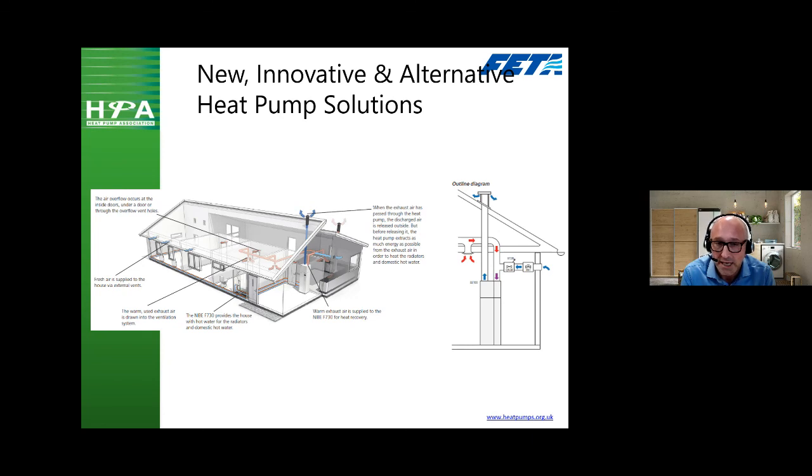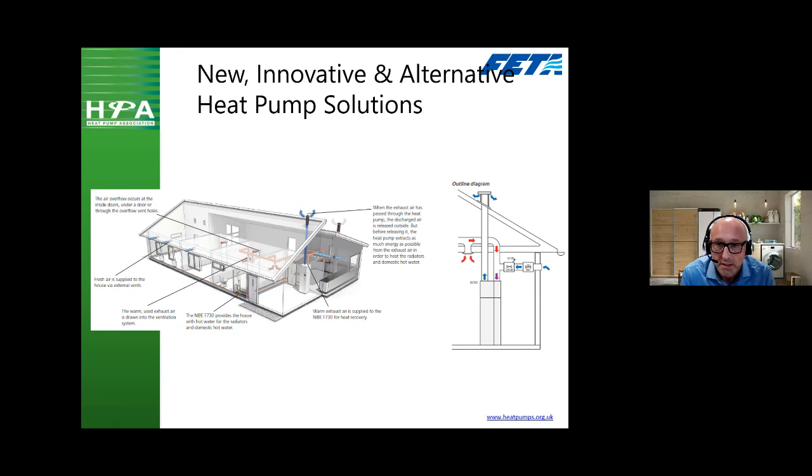So you're ventilating the necessary rooms, your kitchen, your bathroom, taking that condensation air out, but instead of just dumping it outside, you're reclaiming that heat to run the heat pump to produce more heating or hot water. So these are solutions as houses become more and more insulated, and very popular now on the continent, especially in Scandinavia, with timber framed homes and very highly insulated homes.